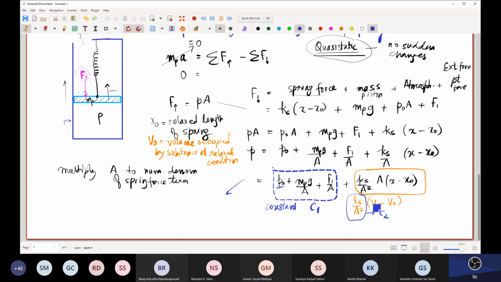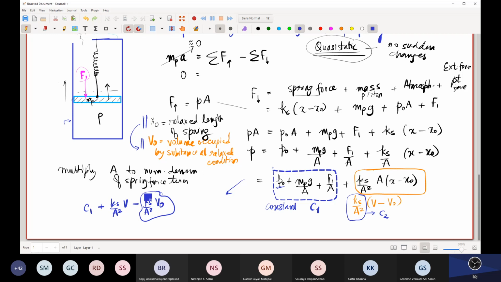Well, not just that. If I write this as C1 plus Ks over A square times V minus Ks over A square times V naught, this Ks over A square times V naught is also something which is not going to change, because x naught for a spring is always fixed. Correspondingly, V naught will also be fixed, and therefore this is also a constant.